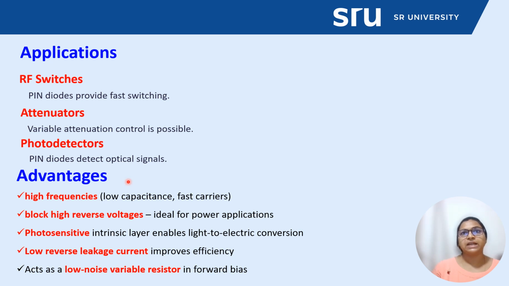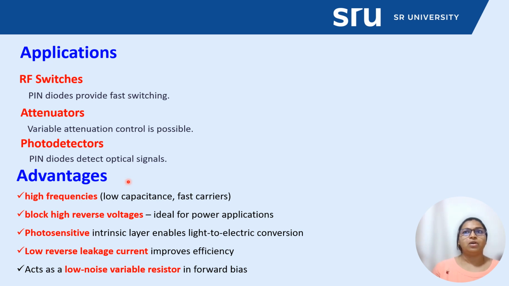It performs exceptionally well at high frequency because of reduced capacitance and fast carrier movement. It can block or handle very high reverse voltage, making it robust for power applications.